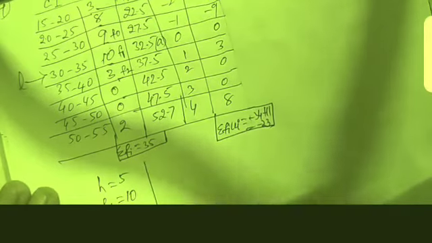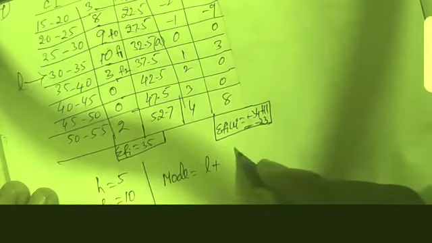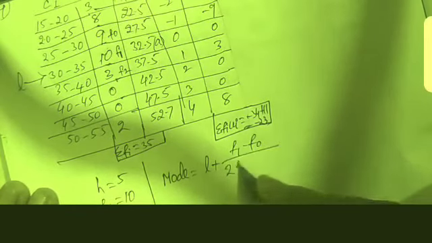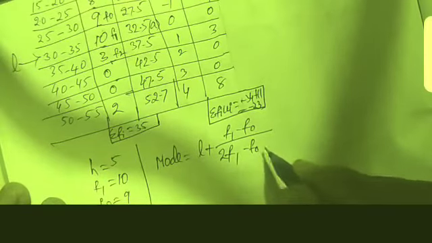Now I can substitute all the values in the formula. L plus (f1 minus f0) by (2f1 minus f0 minus f2) into H. So L value 30 plus f1 minus f0, 10 minus 9, by 2f1, 2 into 10, minus 9, minus 3, into 5.